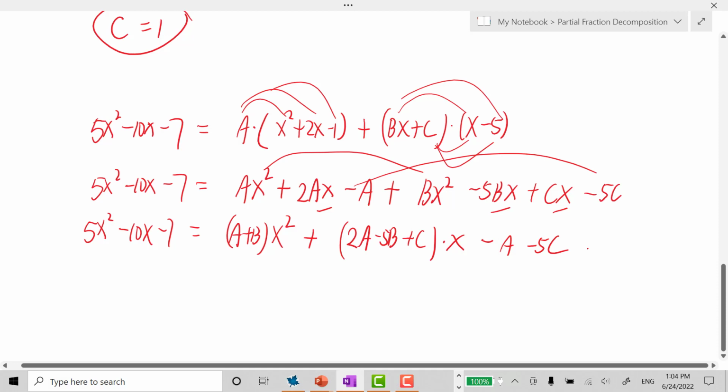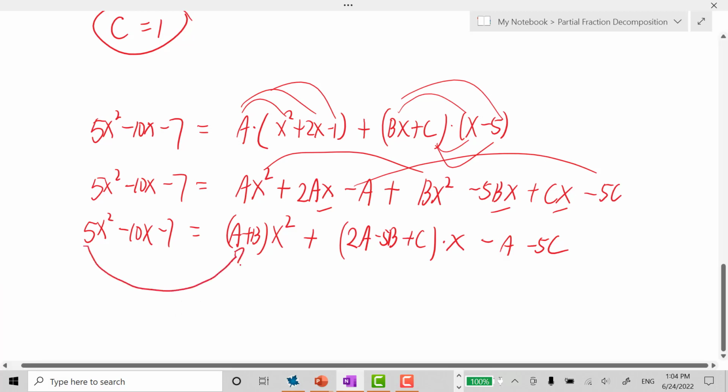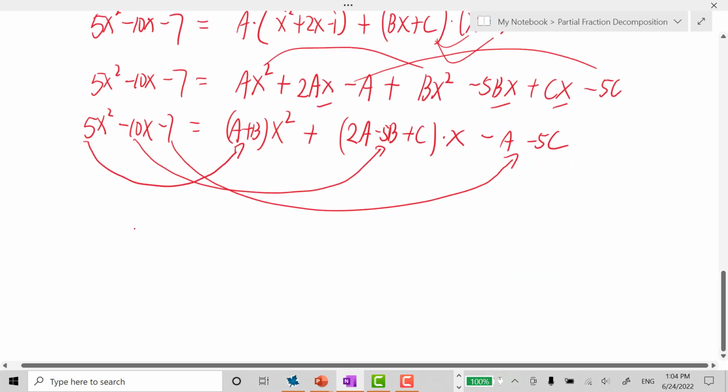Now we split up into three different terms. Now 5 must be equal to this. Right? -10 must be equal to this. -7 must be equal to this. Okay. So now actually we get a system of linear equations. First one is a plus b. So the coefficient for the square term must be the same.